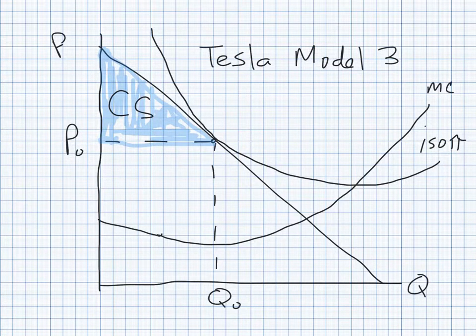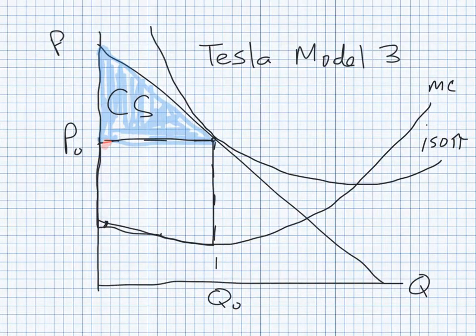Here, in the short run, if the producer can cover their marginal costs... The producer gets the price for the first car sold, but would have been willing to sell that car as long as it could cover its marginal cost.